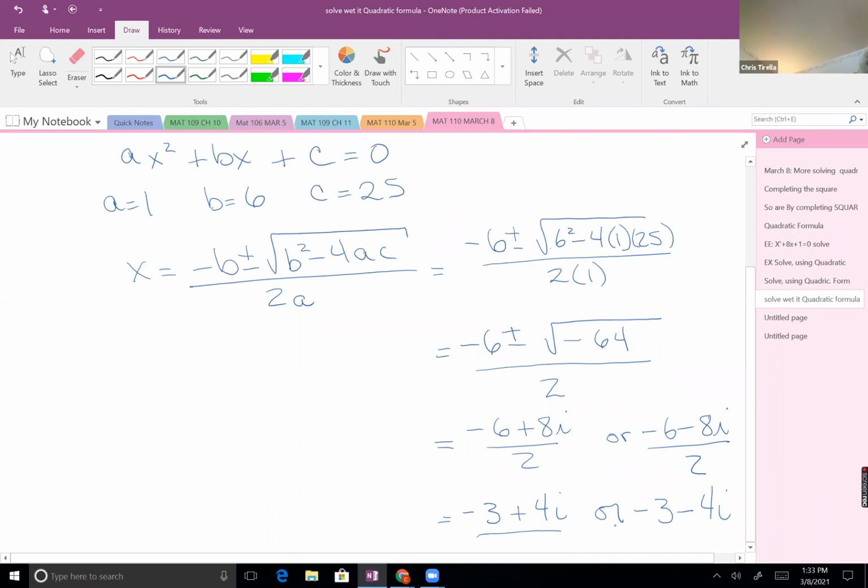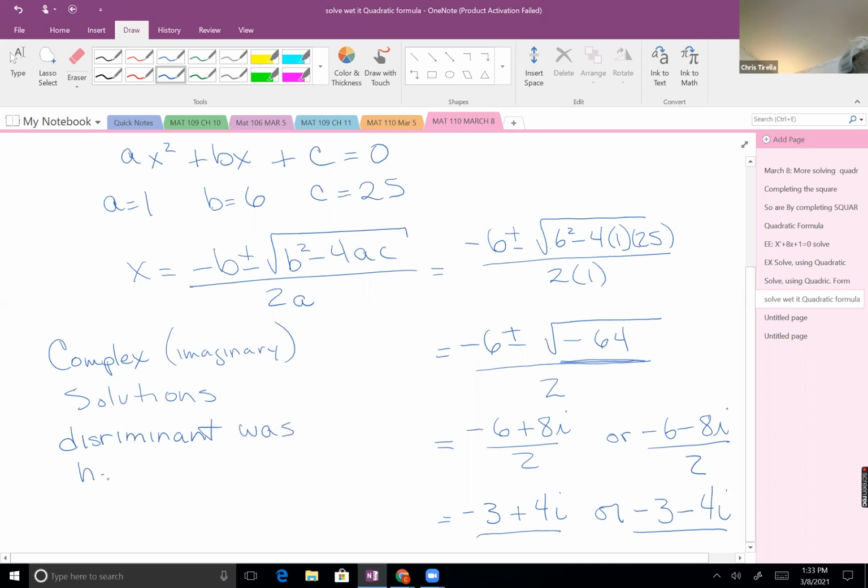And here, do you notice we got complex or imaginary solutions? And that occurred because underneath the square root symbol, we had a negative number, so that the discriminant was negative.